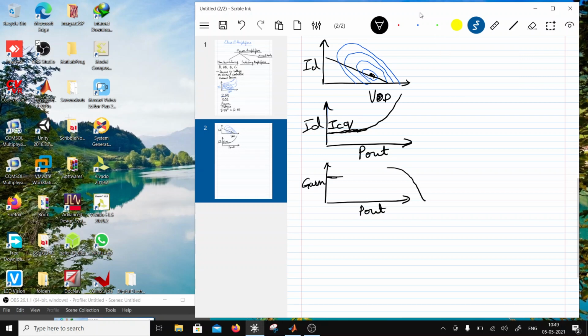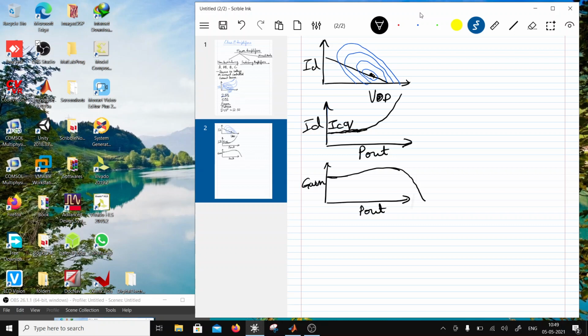When it is ICQ and then the current builds up, there's a gain expansion, right? It may not be as pronounced as I have drawn, but as you increase the power, the gain is going to expand before it compresses.